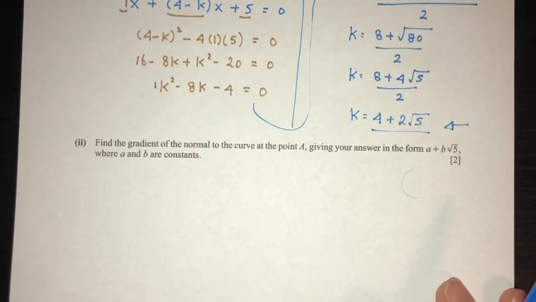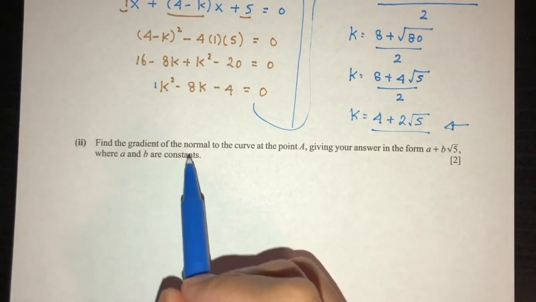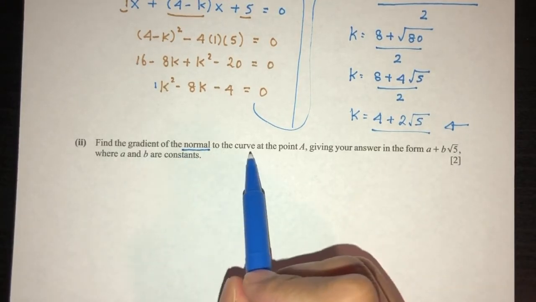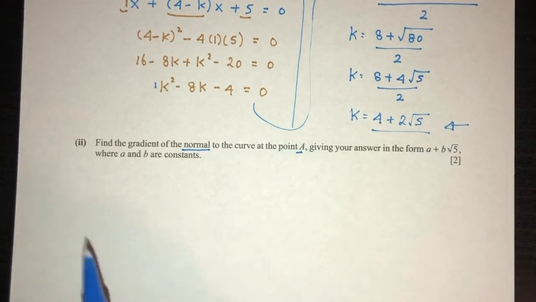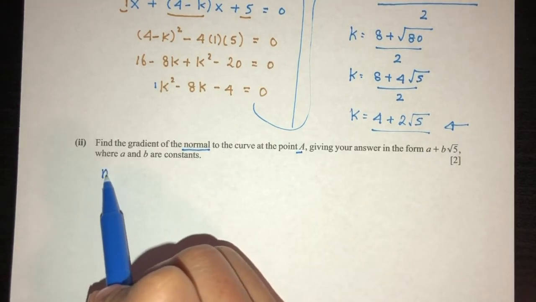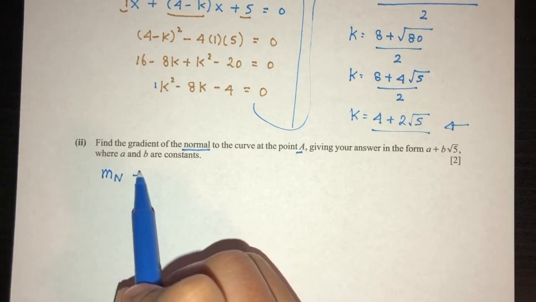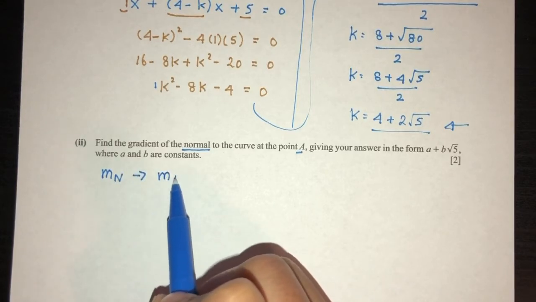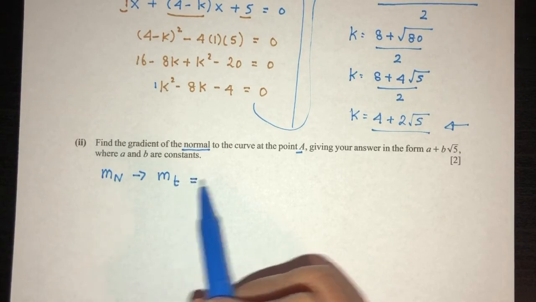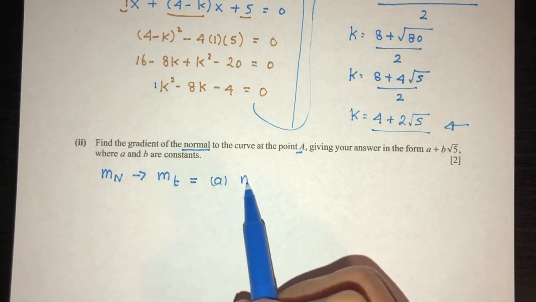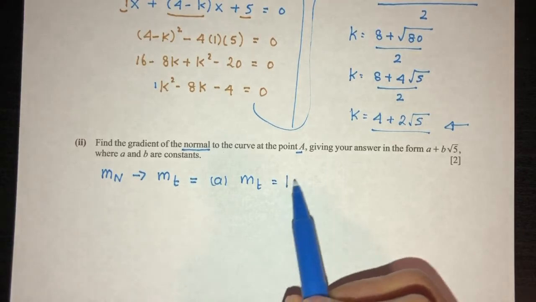Now for part 2, we have to find the gradient of the normal to the curve at the point A, giving your answer in this form. So first, if you want to find the gradient of the normal, you have to first find the gradient of the tangent. And we know that already because from part A, the gradient of the tangent is equal to k.